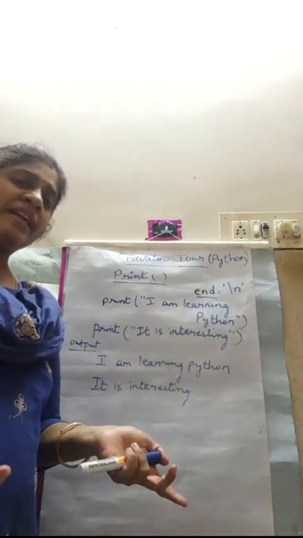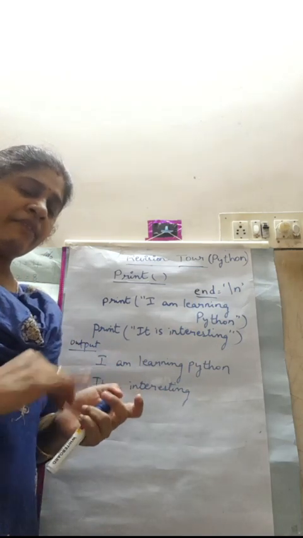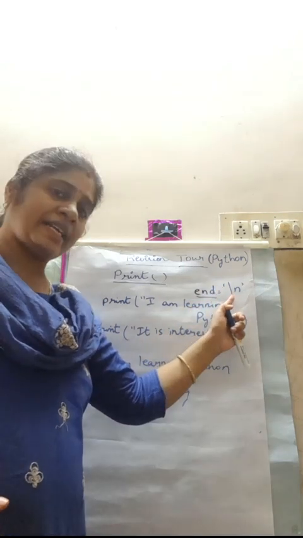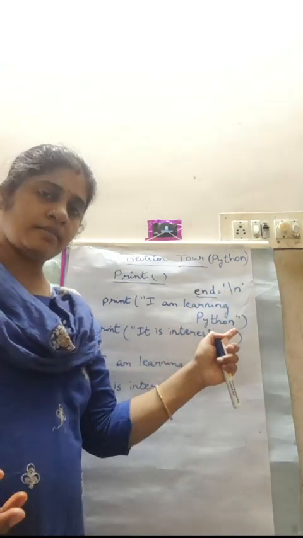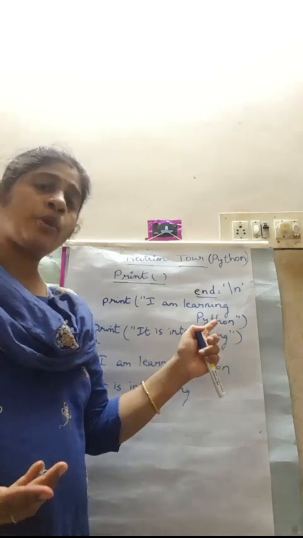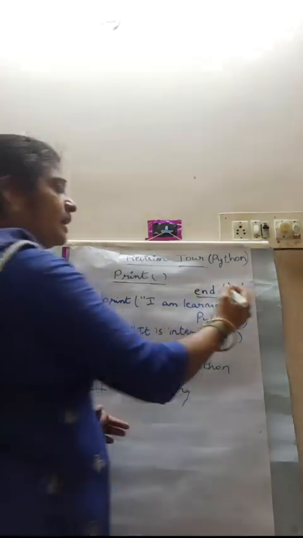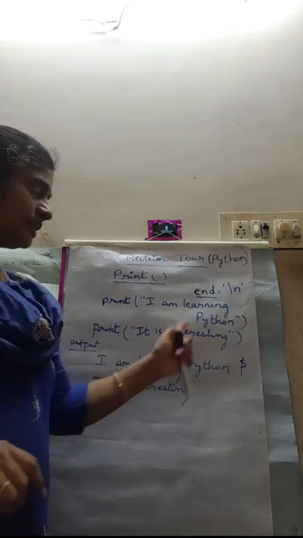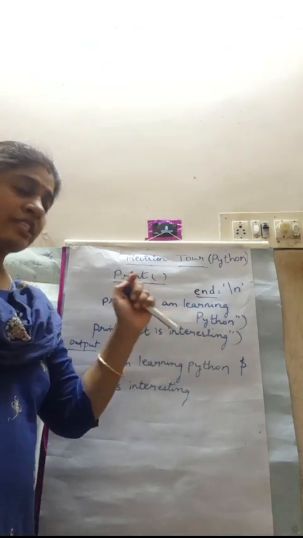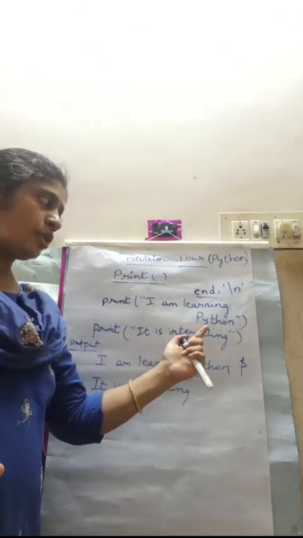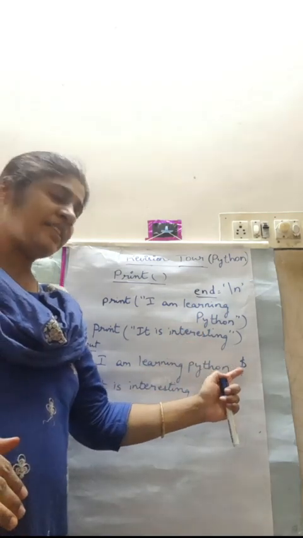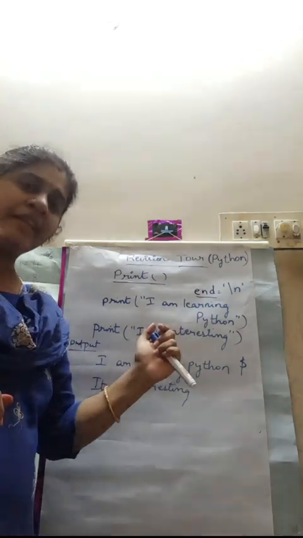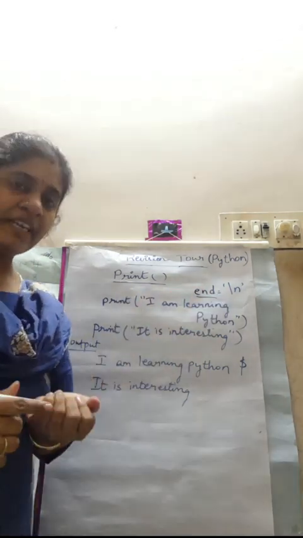So what if I want it in the same line? Instead of the new line character, if I want to specify something like dollar, I'm just giving you one example. After this message, instead of going to the next line, if I want to display the next message separated with dollar, you have to use the end argument and specify dollar.